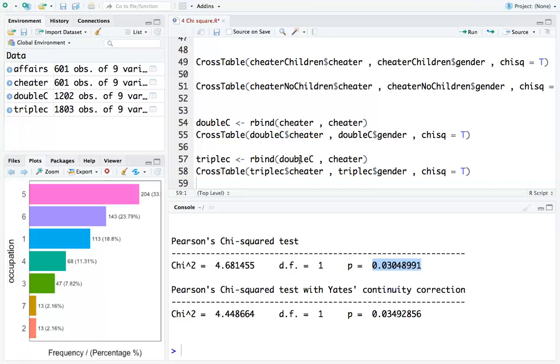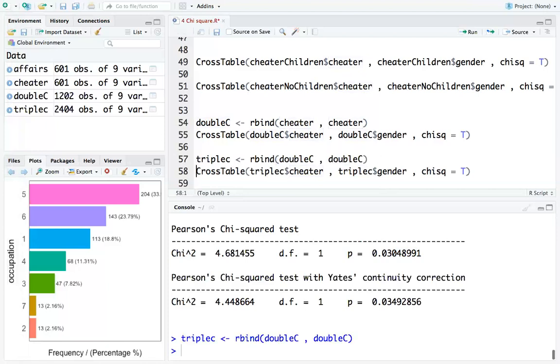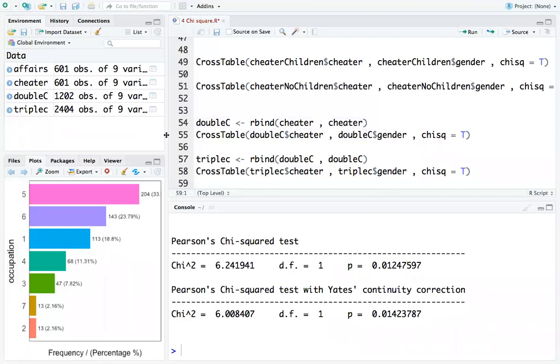So just for argument's sake, let's quadruple this. I'm just going to do it this way. Okay? If I quadruple the data into 2,404 observations, my p-value is not below 0.01.